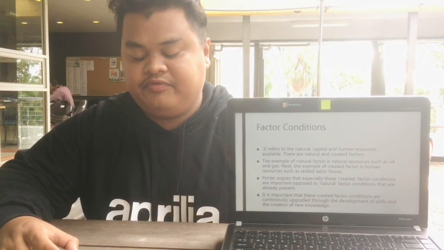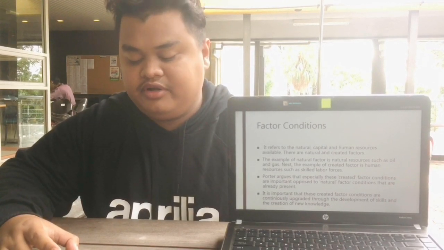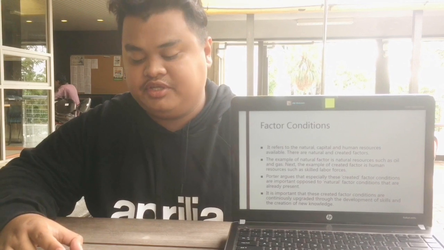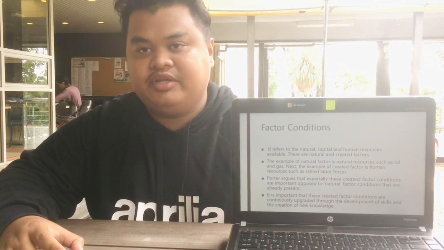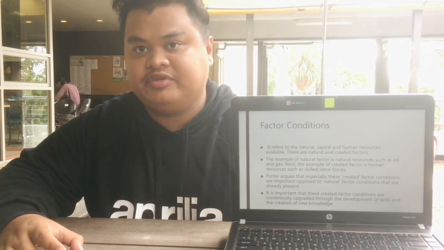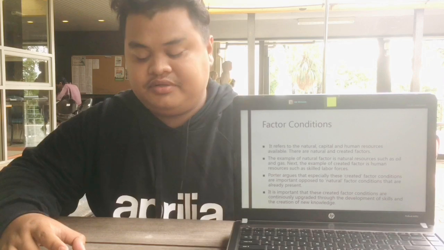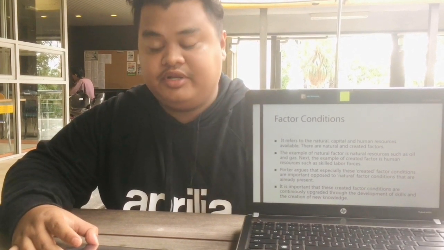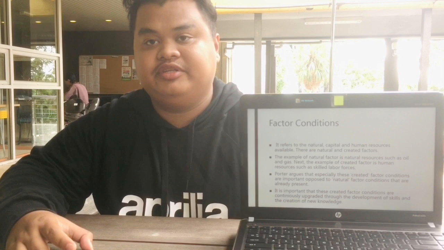For the created factor, which is human resource, the example is the country has a skilled labor force, really good infrastructures and things like that. In this component, Porter also argues that the created factor conditions are more important compared to the natural factor conditions that are already present in the country.